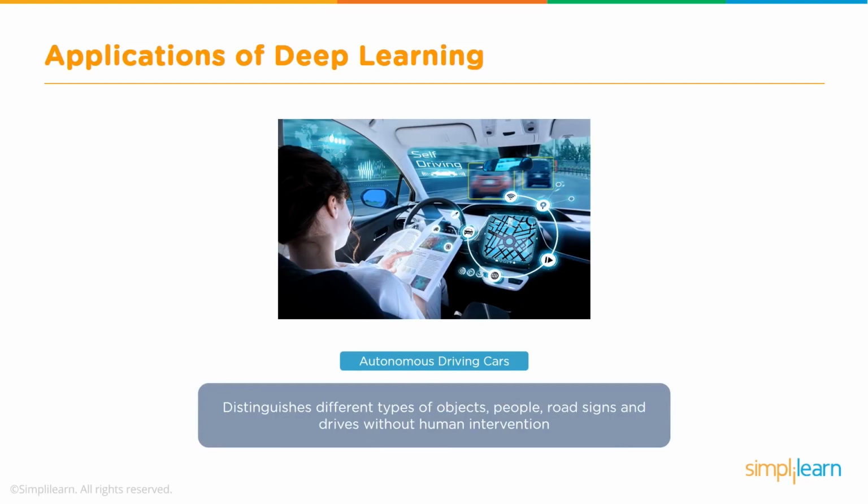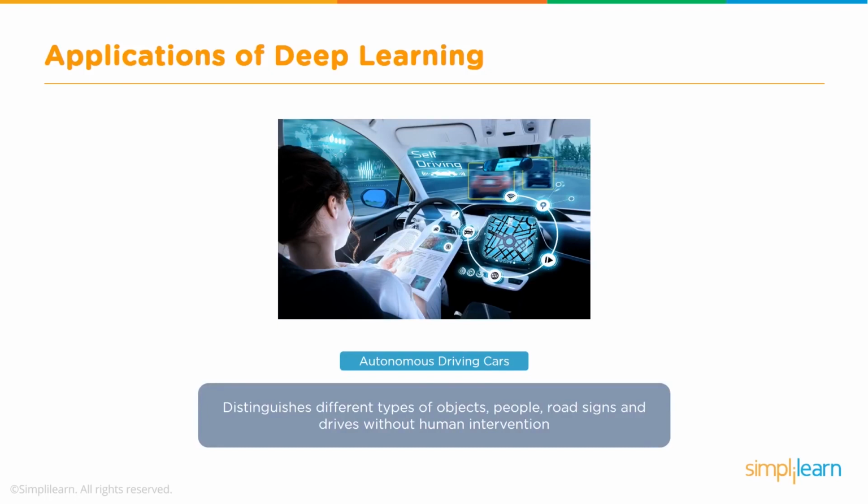Then autonomous cars. You might be familiar with Google's self-driving car. Today, a lot of automotive companies are investing in this area, and deep learning is a core component of these autonomous cars. So these cars are trained to recognize, for example, the road or the lane markings on the road, signals, any objects or obstructions that might be in front of the car.